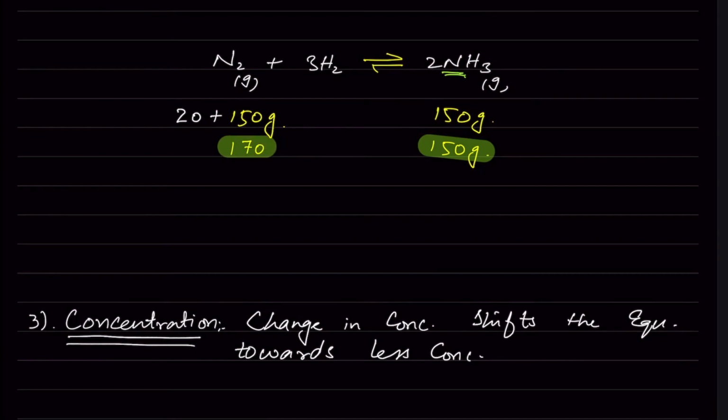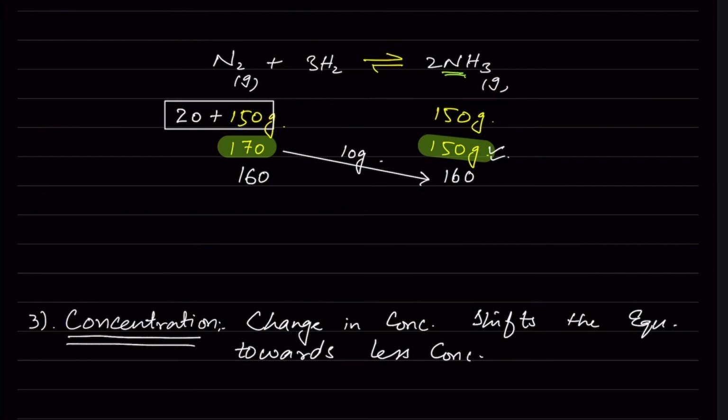To establish equilibrium, 10 grams of reactant will move towards the product side, so it is going to be 160 and 160. So by changing the concentration, I just changed the amount of reactant. When you change the amount of reactant, equilibrium will shift towards less concentration, the product that was less. This is the reason the amount of product increased.